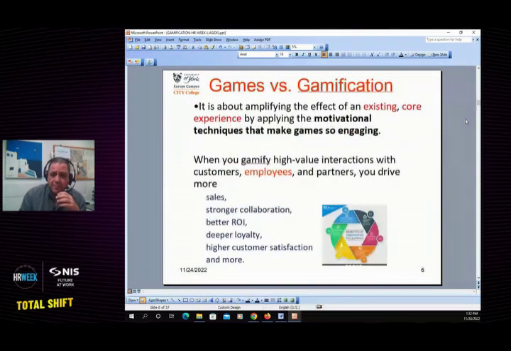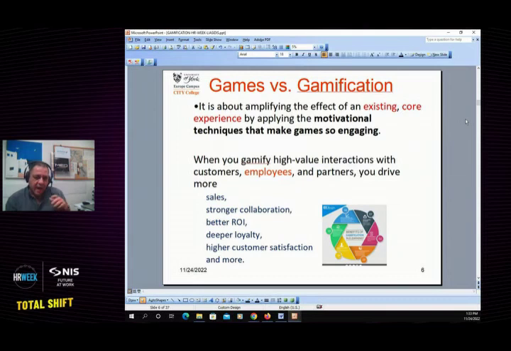To understand gamification, it's good to see what is there in games that we like. It is about amplifying the effect of an existing core experience by applying the motivational techniques that make games so engaging. If you tell somebody come and work, they will say, ooh. If you say, let's play a game, they're all engaged.